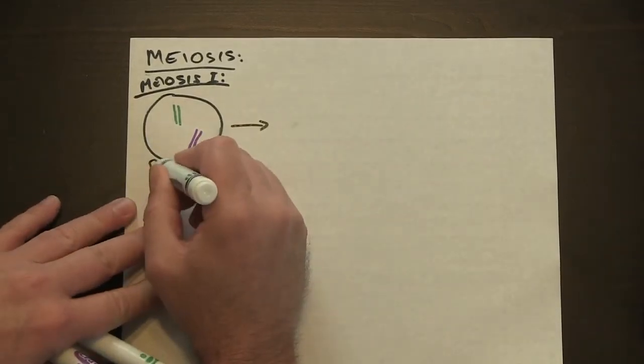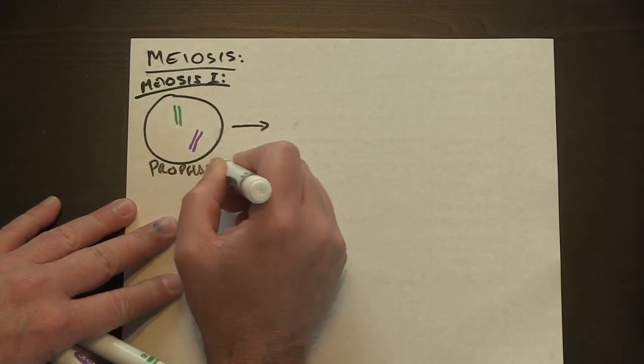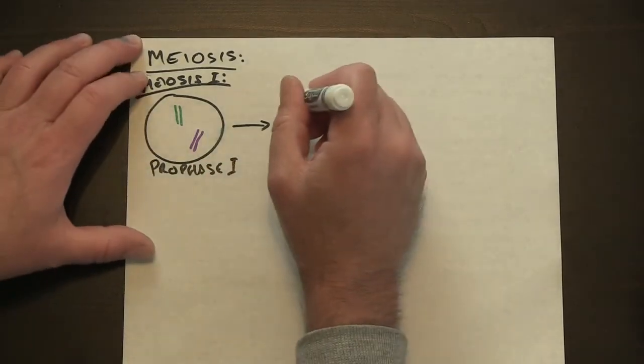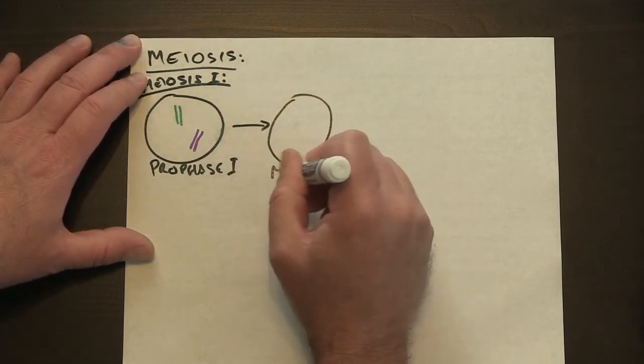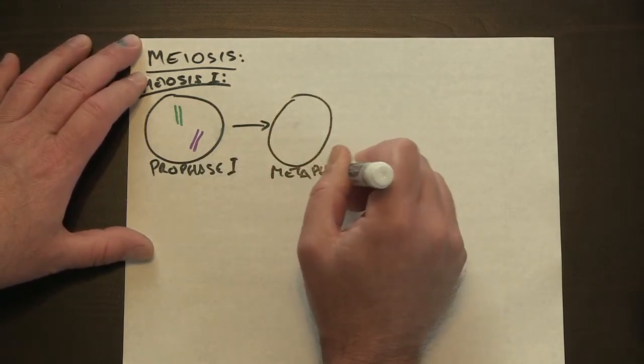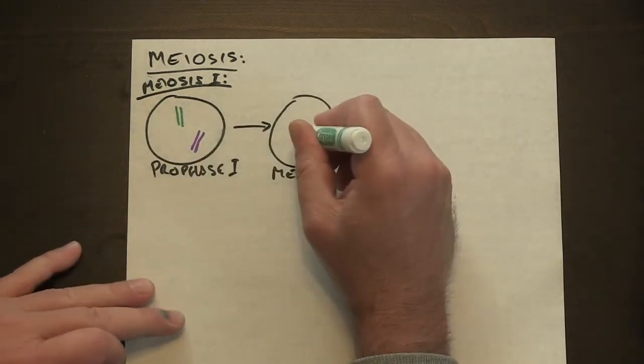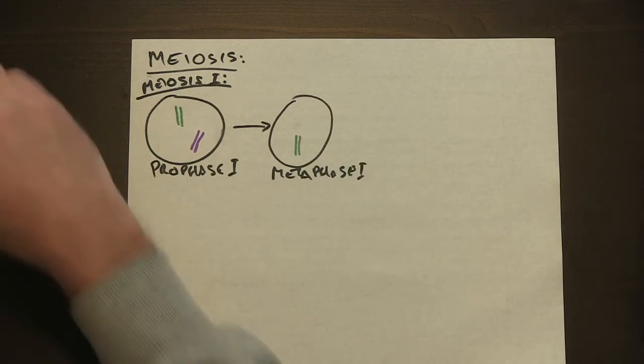So this is prophase 1. Then we go to metaphase 1, and they line up along the midline.